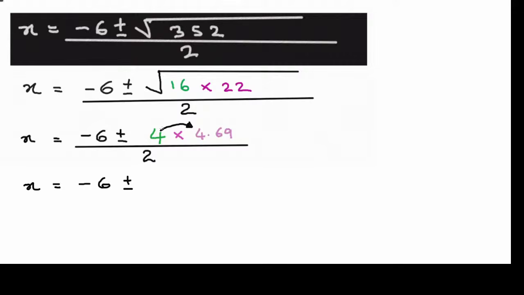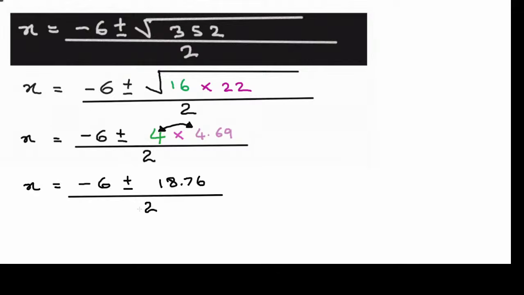Let's do the multiplication. 4 times 4.69. So when we multiply, what do we get? 18.76 divided by 2.